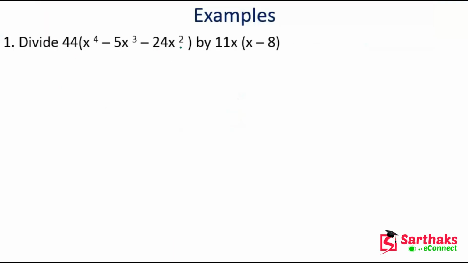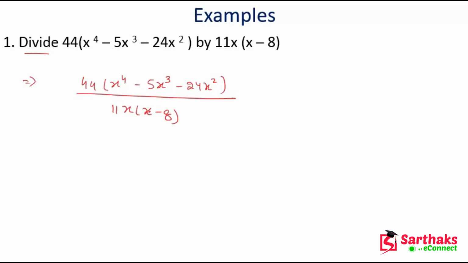Okay, now question number 1 of this session is: divide 44x raised to power 4 minus 5x raised to power 3 minus 24x square, and it is divided by 11x into x minus 8.